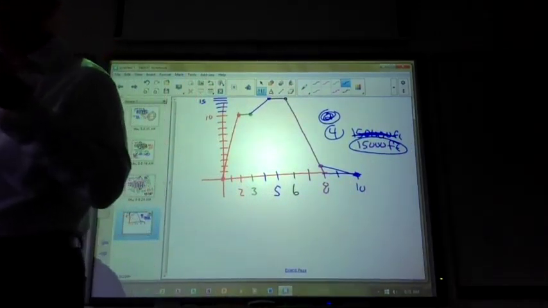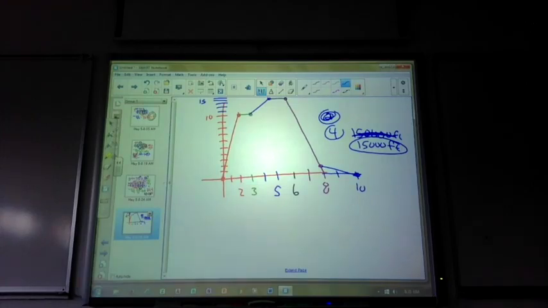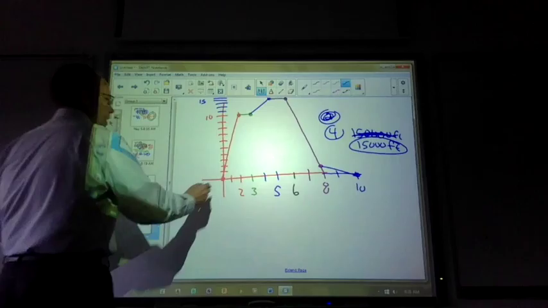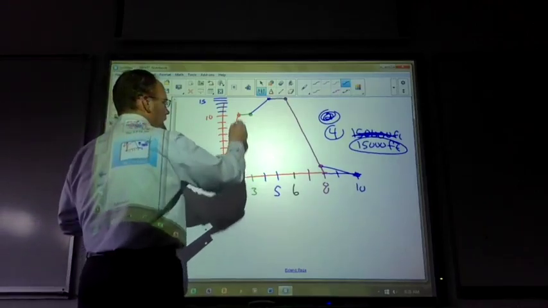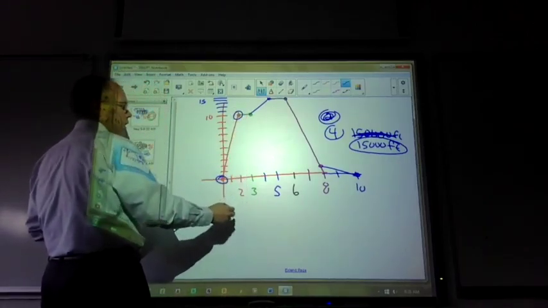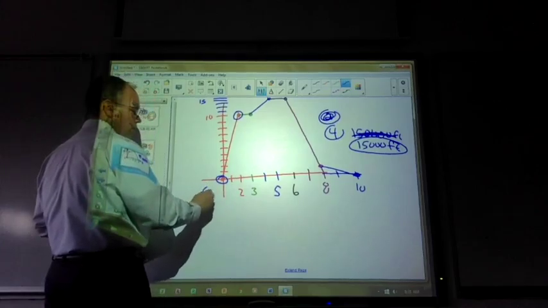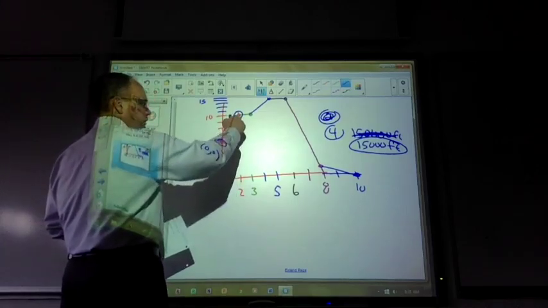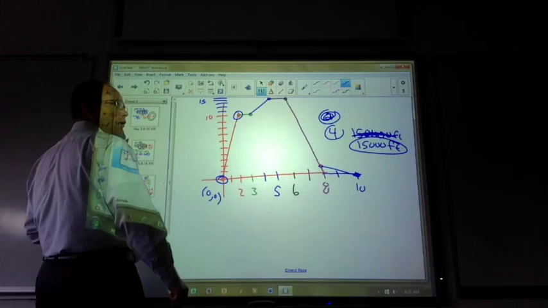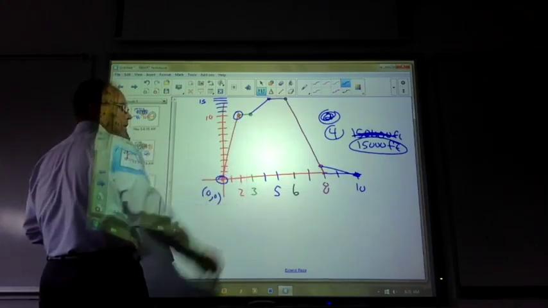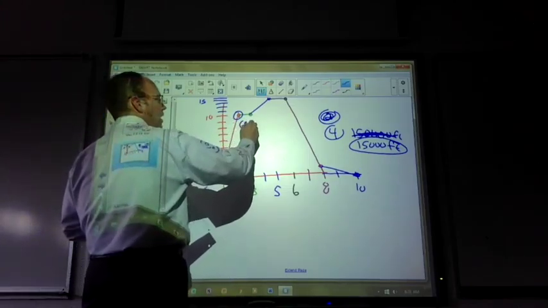How fast are they ascending between 0 and 2? How fast are they ascending from here to here? So this is 0, 0, yes? What point is this then? 2, 10. How fast are they ascending?